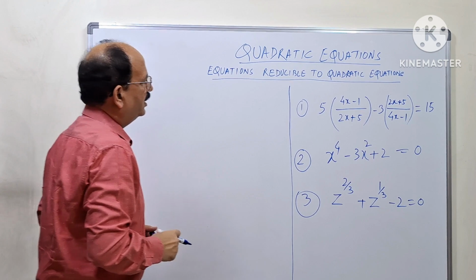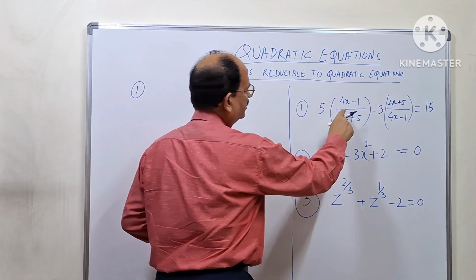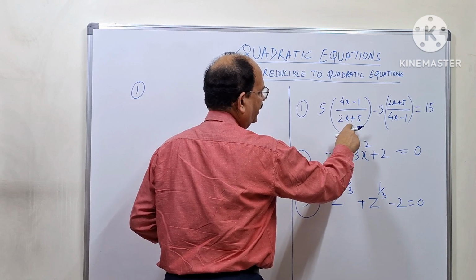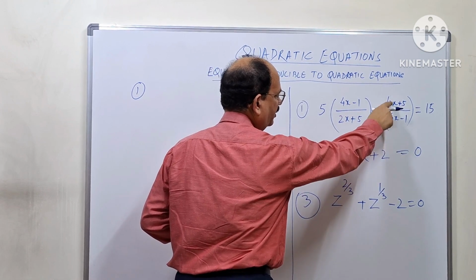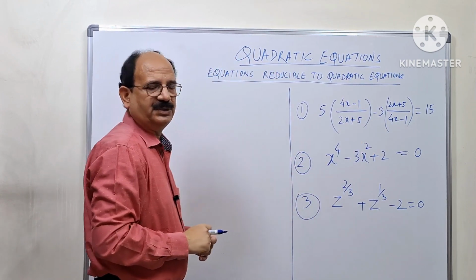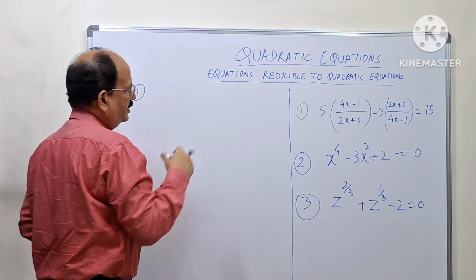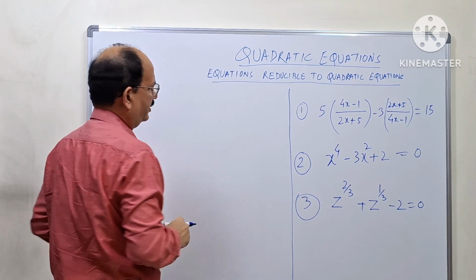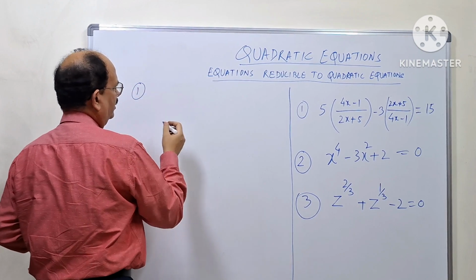If you carefully notice, this term 4x minus 1 upon 2x plus 5 is getting repeated here, but in inverse order. So this kind of equation we can convert into a quadratic equation. Let's see the approach.